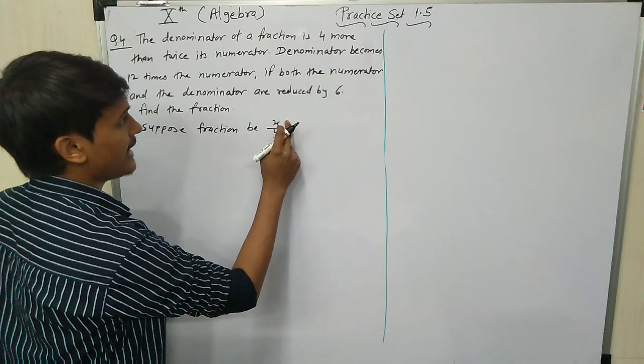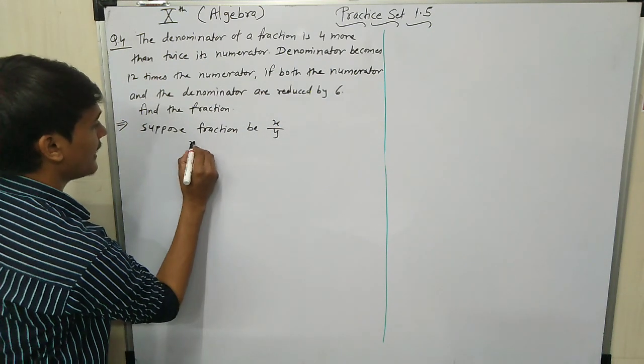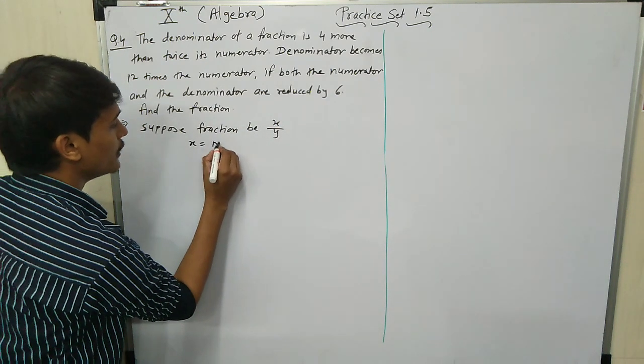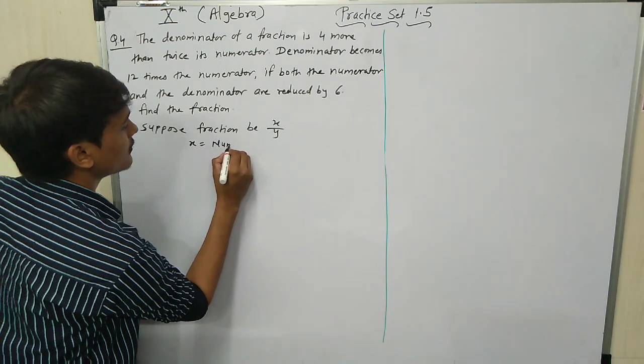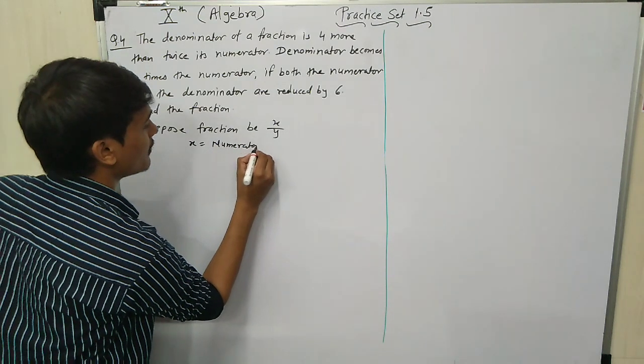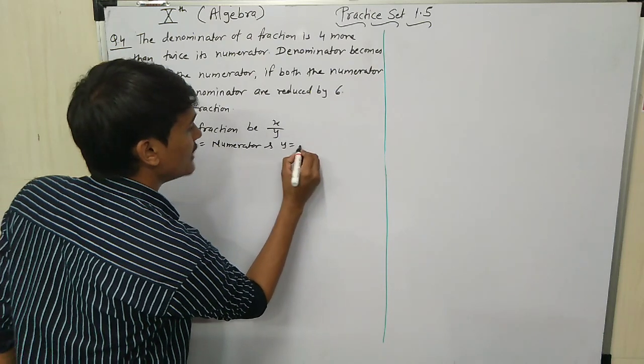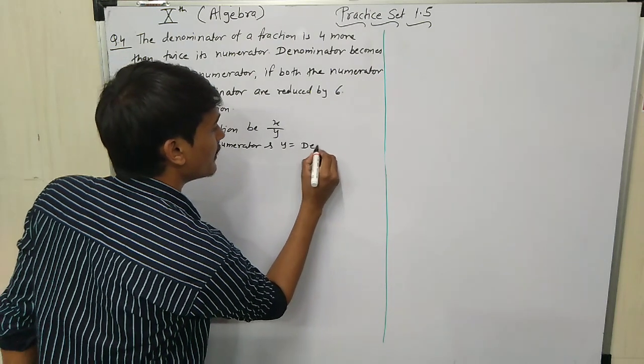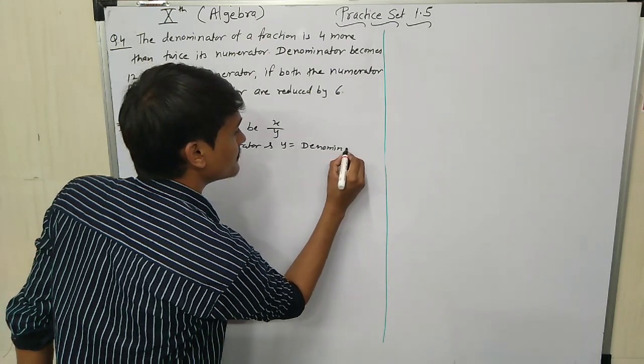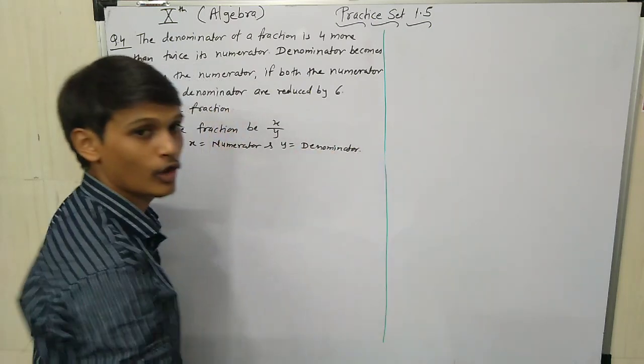Understood? X is the numerator and y is the denominator. Got it?